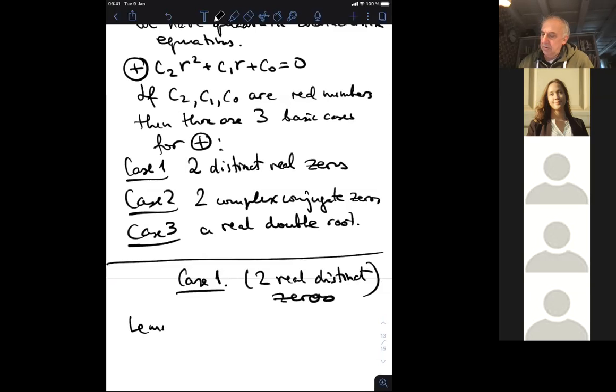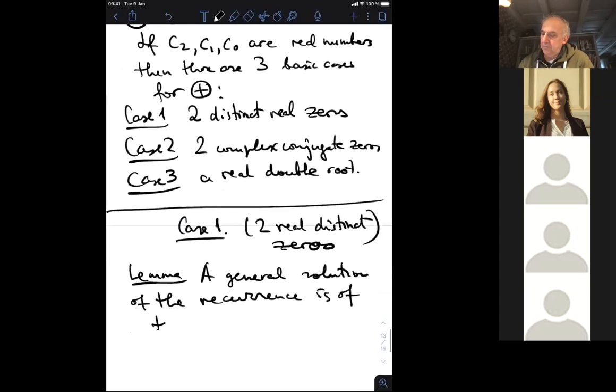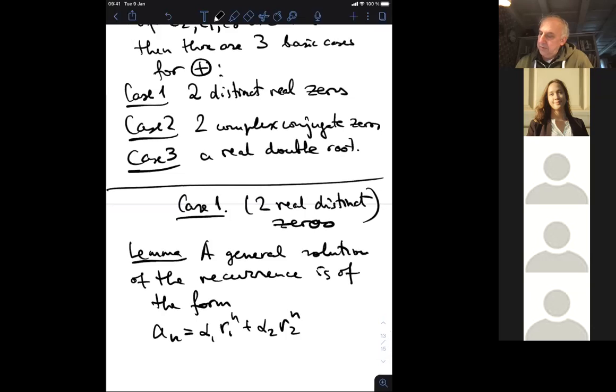Lemma: a general solution of the recurrence is of the form a_n equals alpha 1 r1 power n plus alpha 2 r2 power n, where r1 and r2 are the 2 real zeros. And if we want complex solutions, we will allow r1 and r2 to be complex numbers.